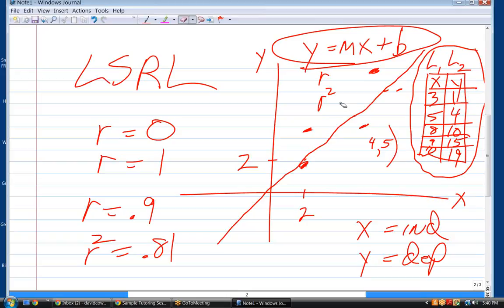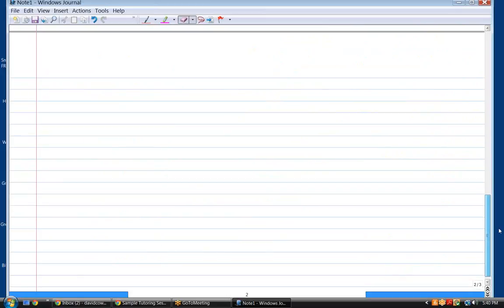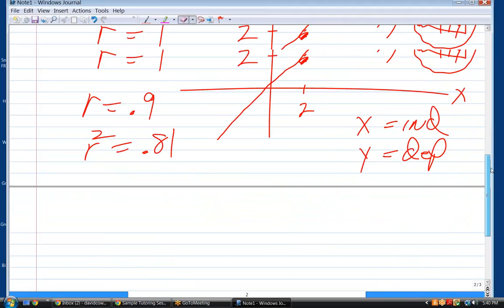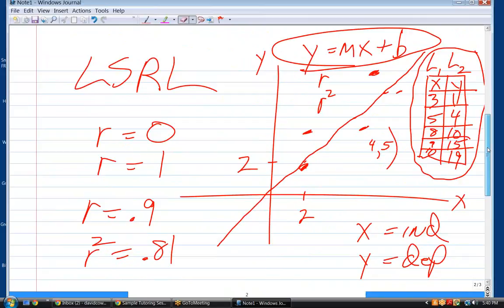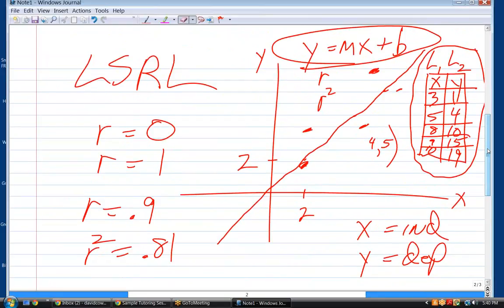Do you have any other kinds of algebra problems, like factoring a quadratic, something like that? What kind of stuff are you working on besides this linear regression stuff?